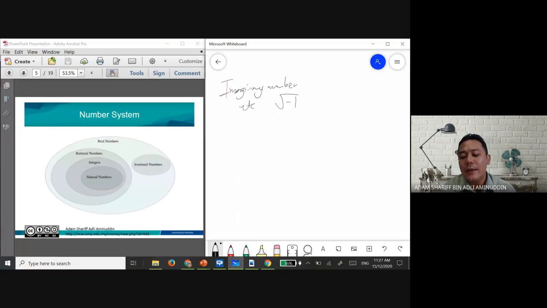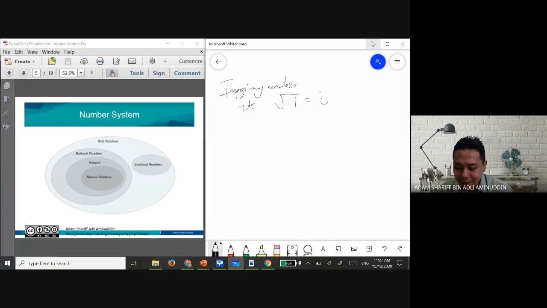Square root of -1, it equals an imaginary value of I. So it's not real. It does not exist because you tak dapat cari A squared equals to -1.